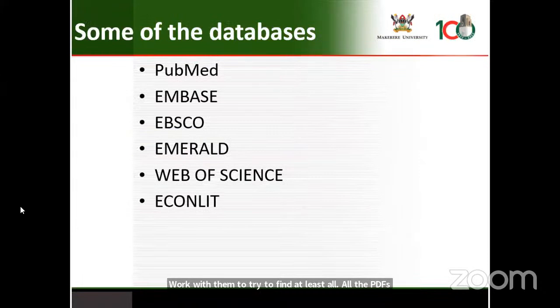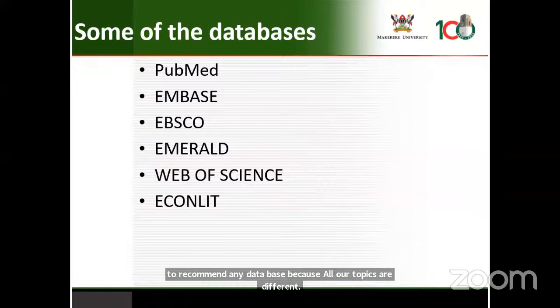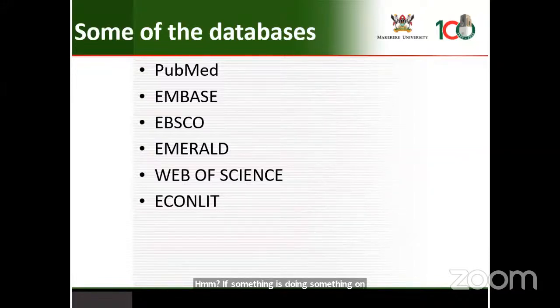Now, someone asked which databases I recommend. I said I'm not going to recommend any database because all our topics are different. If someone is doing something on health, maybe biomedical research, I can recommend PubMed. But again, remember, in systematic reviews, we are not searching only one database.